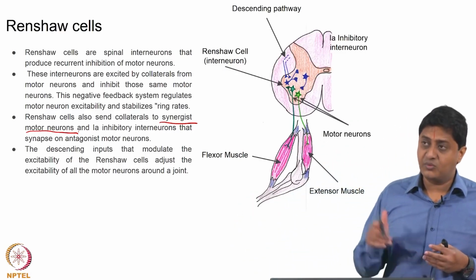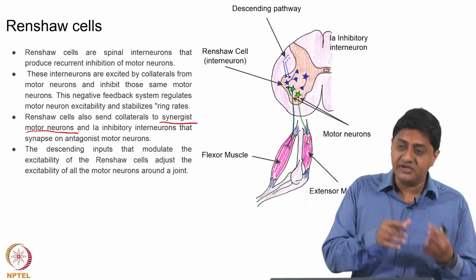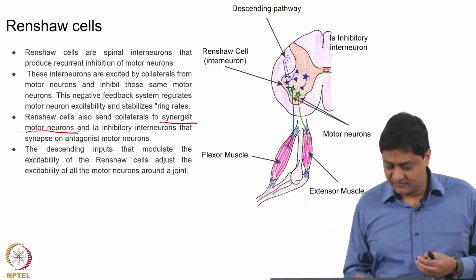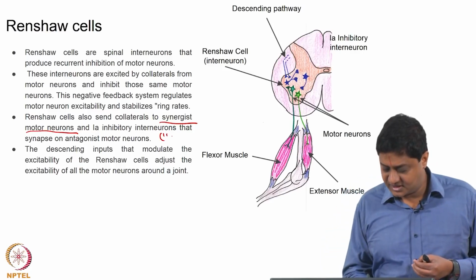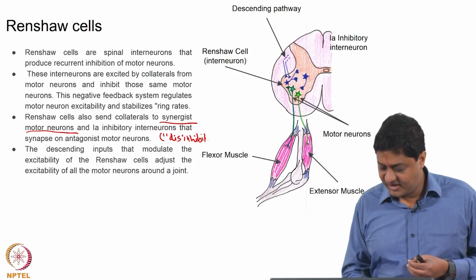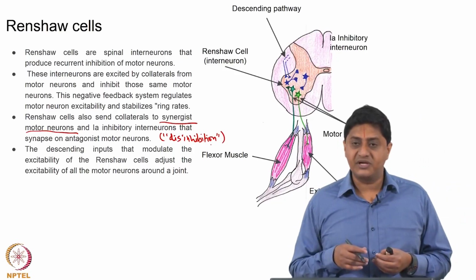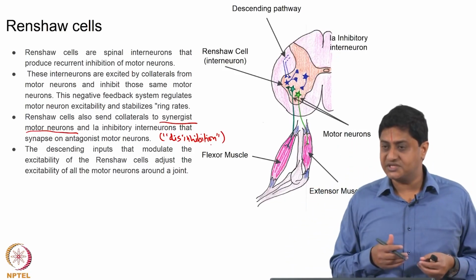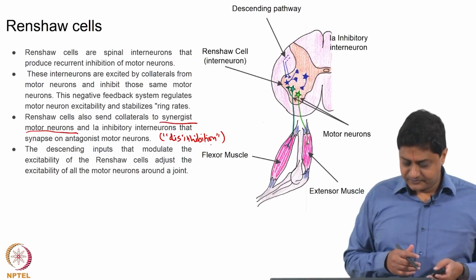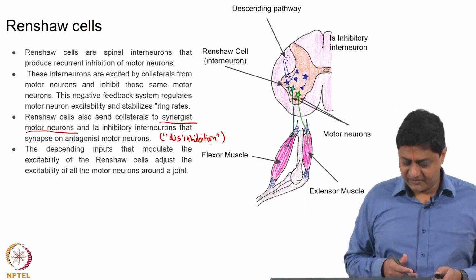Let us remember 1A inhibitory interneurons inhibit the function. So, causing what we discussed earlier, disinhibition, or in a way they increase the probability that the antagonist muscle is going to get excited. Another form of negative feedback, we saw this earlier.